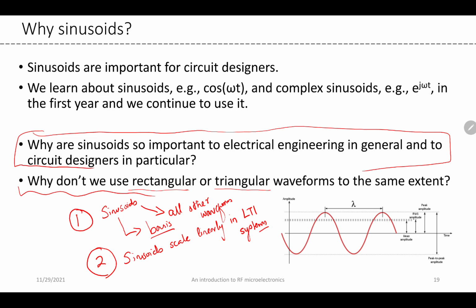When you pass a sinusoid through an LTI system, you can have one of two things: either its amplitude can change, or there'll be a change in its phase, but it will still remain a sinusoid. That's the beauty of sinusoids. So you can perform elementary operations on sinusoids, and then you can see the impact on other waveforms just by understanding how the system treats sinusoids.